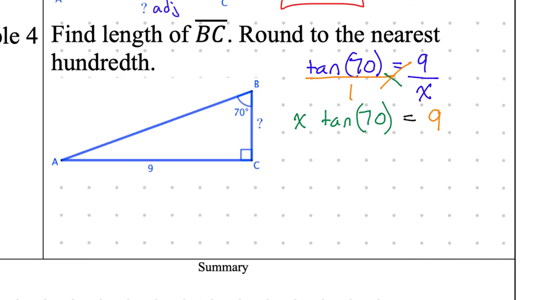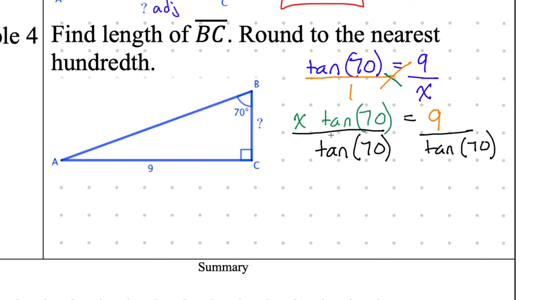Thank you. And then finally, last step, Sergio this time. That's where I got stuck. So this is just a number being multiplied to x. So do the inverse operation of multiply by that number. Divide. Divide both sides by tangent of 70, yeah. Perfect.